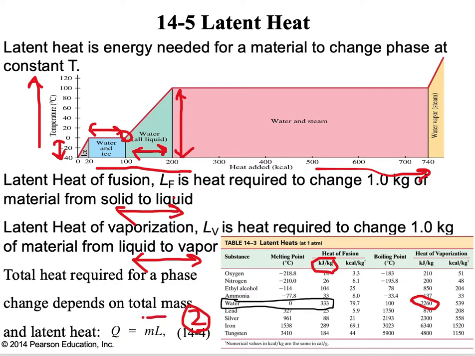So we have this equation number 2, where Q is equal to mass times latent heat. You need to know the mass that you want to change from one phase to another, whether a solid to a liquid to a gas, or a gas to a liquid, or a liquid back to a solid. And you look up your conversions in the table for your latent heats.